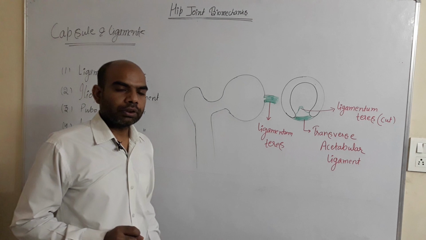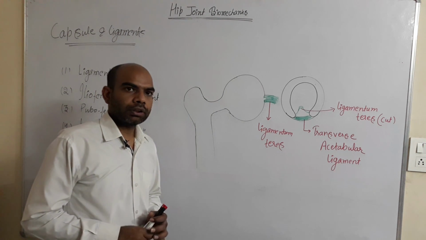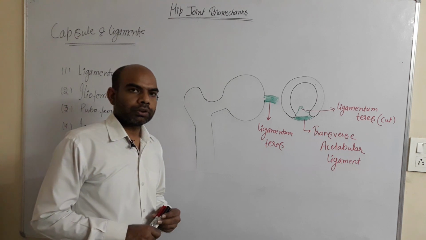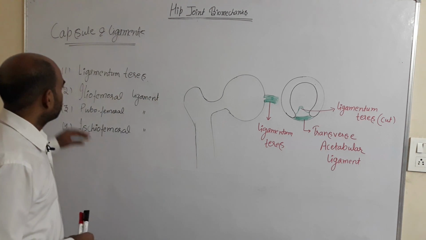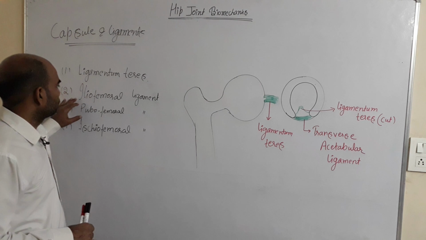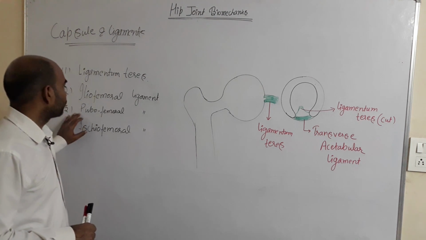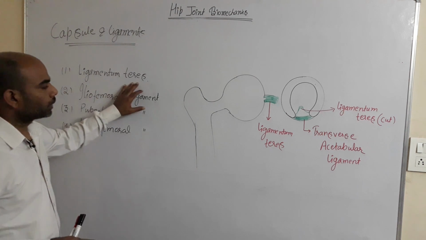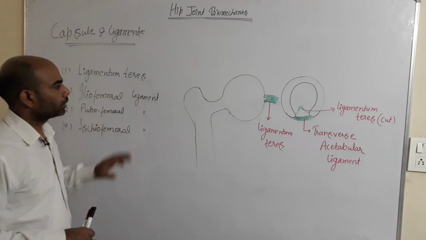Ligaments of the hip joint. Mainly four ligaments are responsible for the stability of the hip joint. These are the ligamentum teres, iliofemoral ligament, pubofemoral ligament, and ischiofemoral ligament. So first is the ligamentum teres.